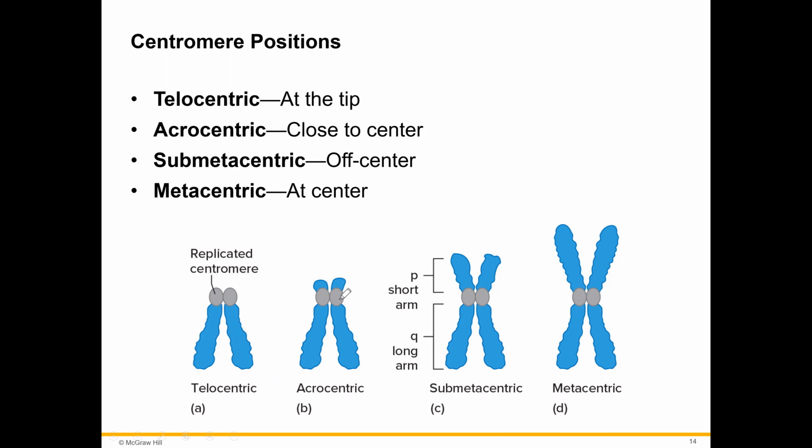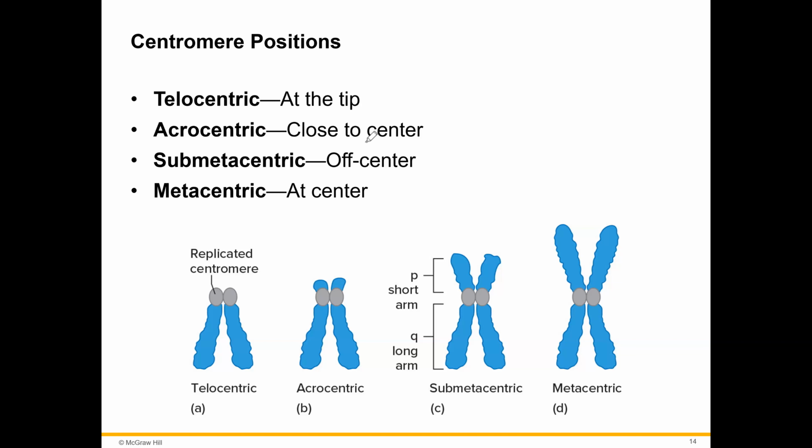So right there, we have acrocentric. Submetacentric, it's off center, and metacentric at the center. So those are different types of chromosomes based on the location of the centromere.